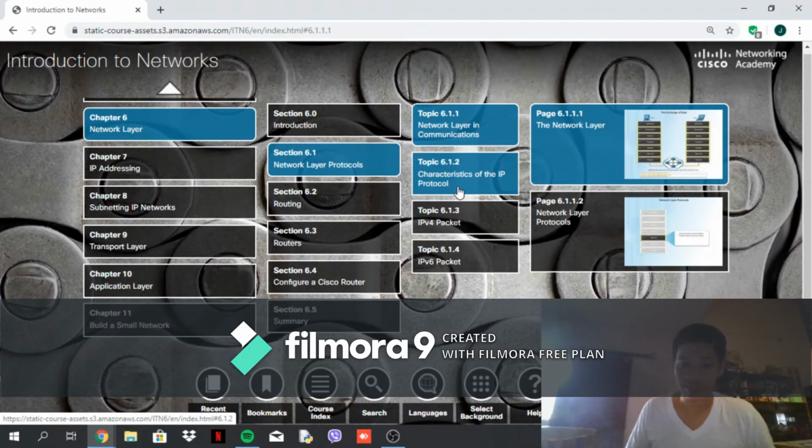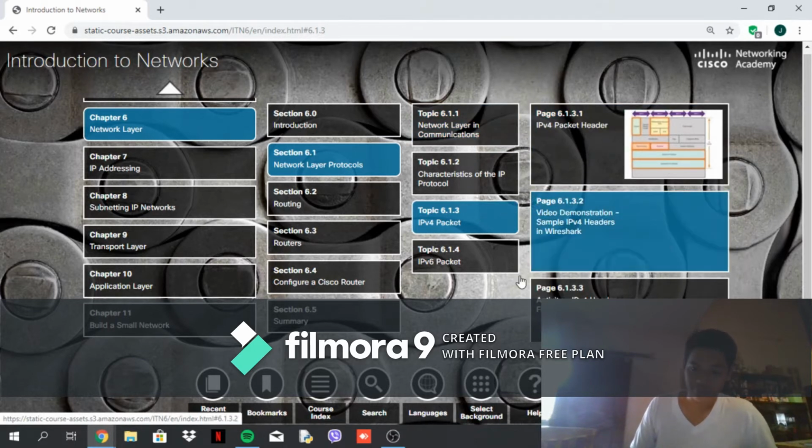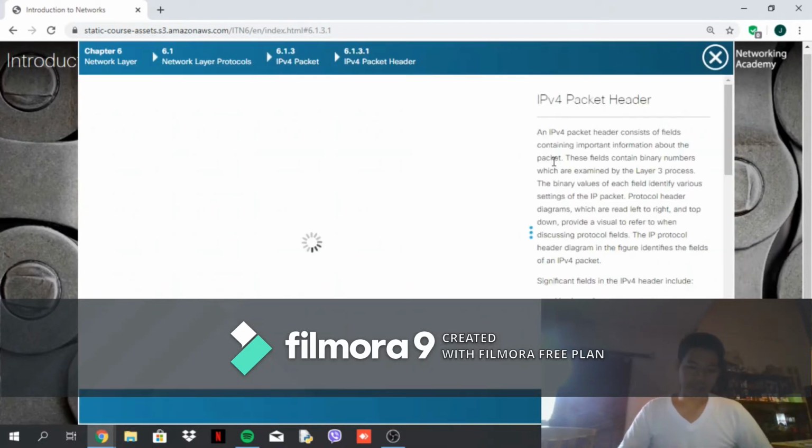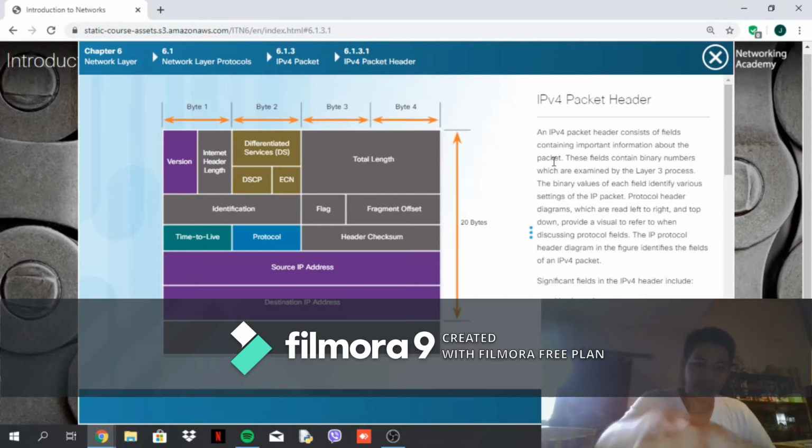Next, we have protocols, two protocols to be exact: IPv4 and IPv6. As you can see, guys, this is the packet of IPv4. Of course, we need to be familiar with the version, the total length, the source IP address, like 192.1, and the destination IP address where it's going.